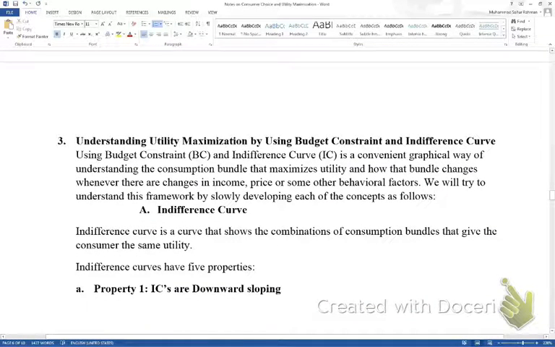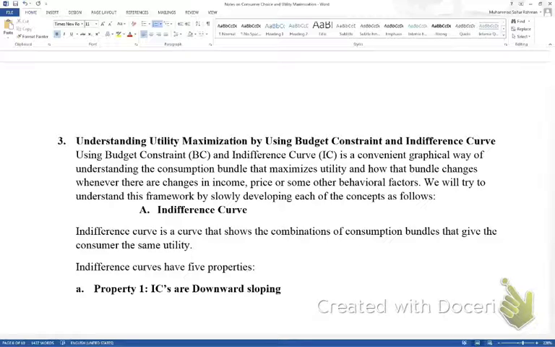Okay, so let us now move to the second part of this chapter. So we have now looked at utility maximization. We have defined the utility maximizing rule, which is equalizing marginal utility per dollar across different goods, and we have shown how the utility maximization can be connected with our demand curve.